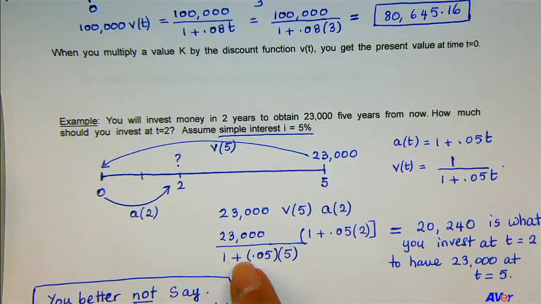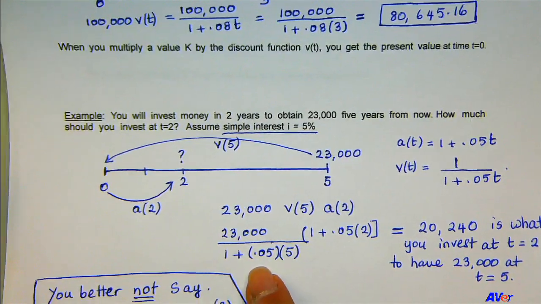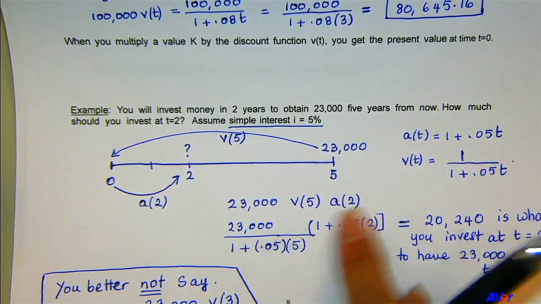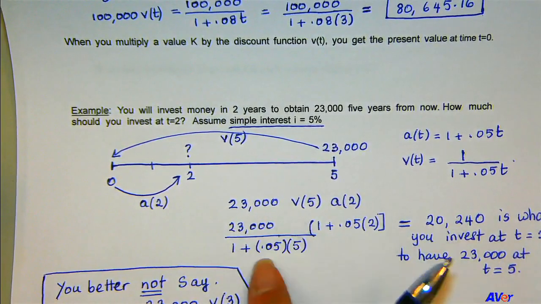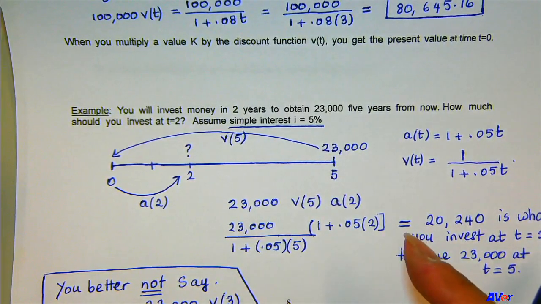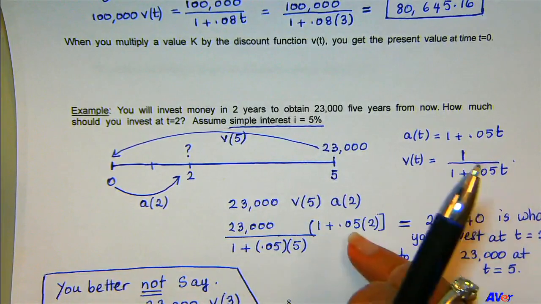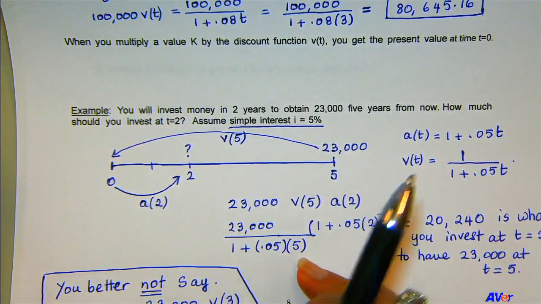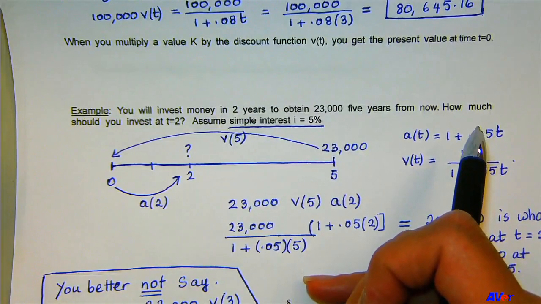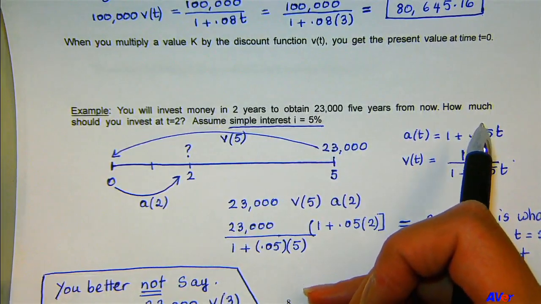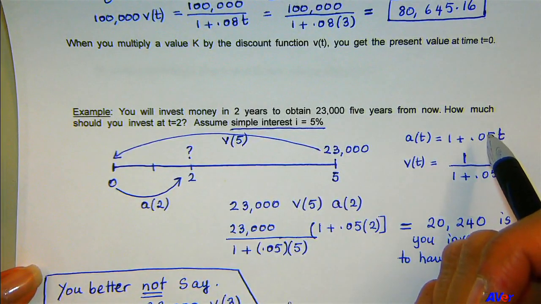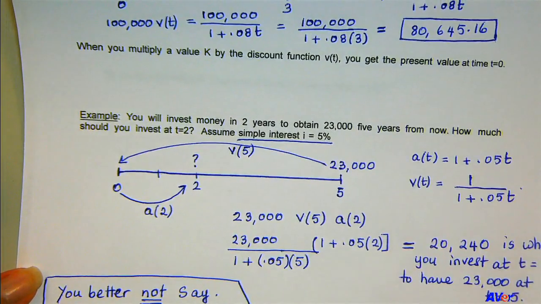You cannot say 1 plus 5 times 0.05 and 1 plus 2 times 0.05 cancel and say this is equal to 23,000 over 1 plus 3 times 0.05. That's not true, because 1 plus 0.10 over 1 plus 0.25, you can't cancel here. But in the case of compound interest, you can. You see the difference? Okay. Yes, sir.